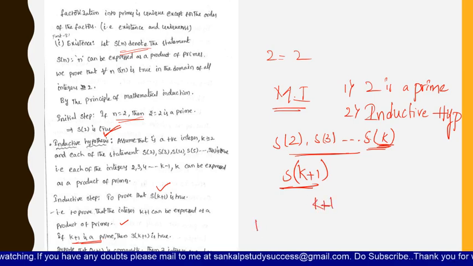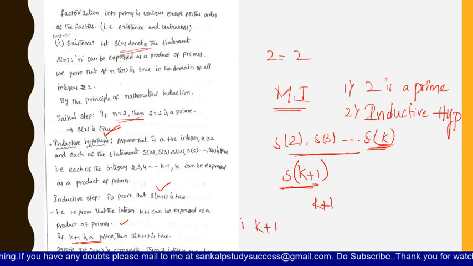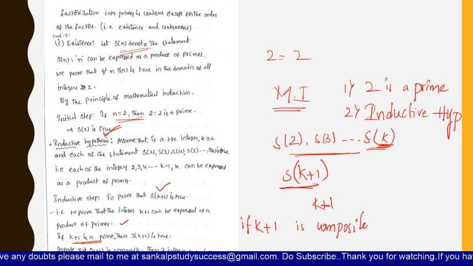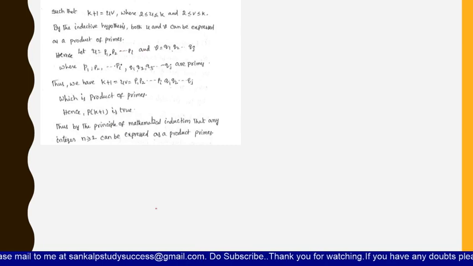But if it is a composite number, then there exist integers u and v. This is the important step, where k plus 1 is equal to uv.